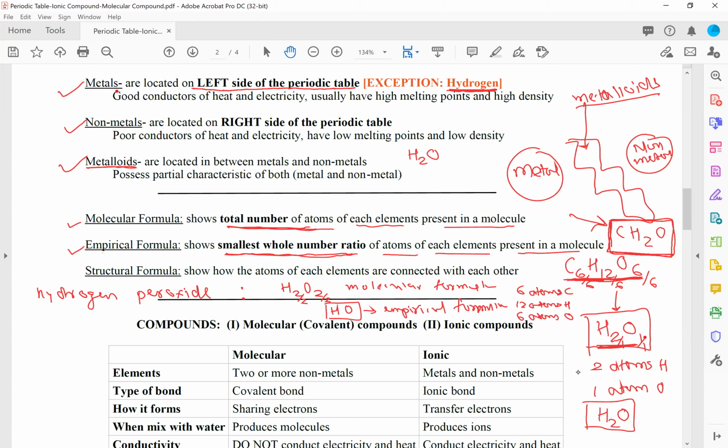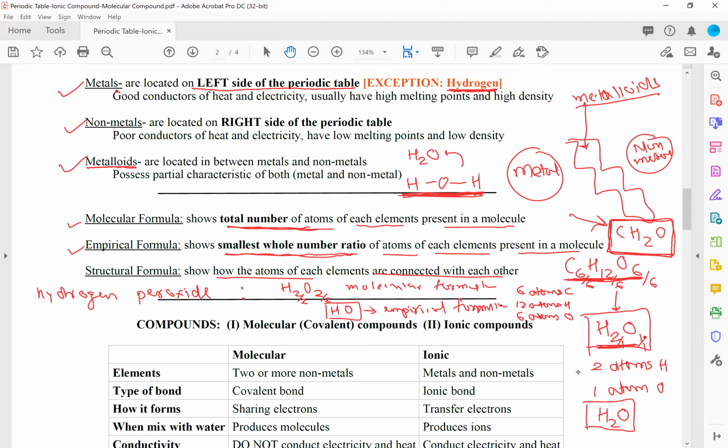The way they are connected is oxygen is connected to hydrogen on one side, and it is connected to hydrogen on the other side, and that's how they form H2O. So what I'm doing here is showing the connection between each atom of an element. It shows how these atoms are connected with each other. If I draw a formula like this, then it is called structure formula, which helps you understand how they are connected.